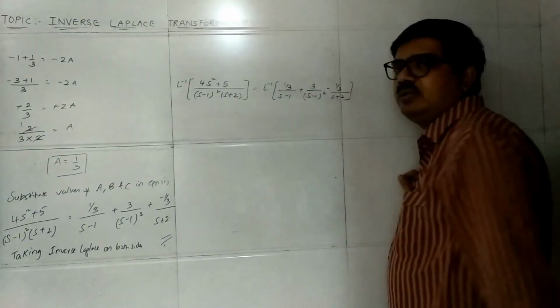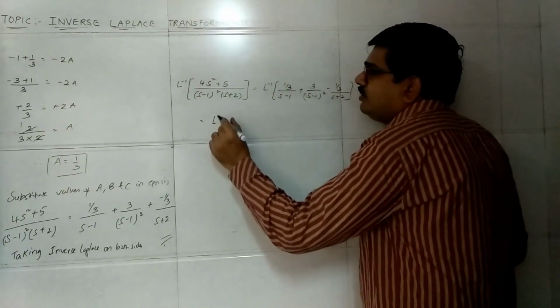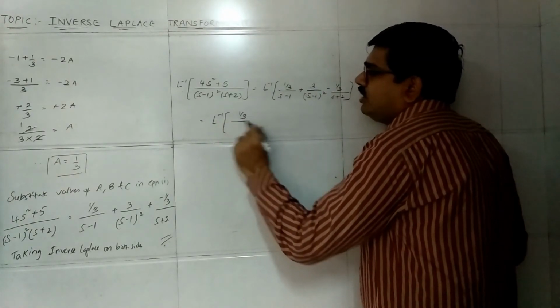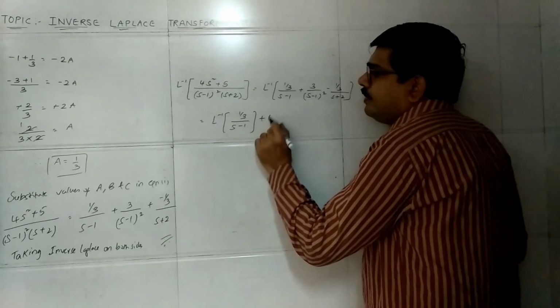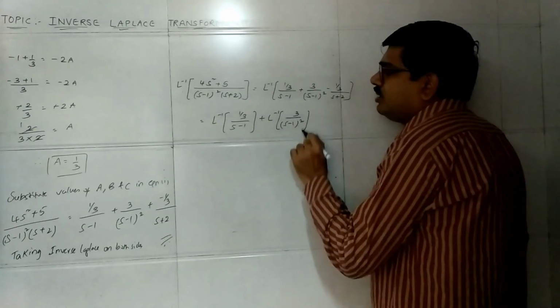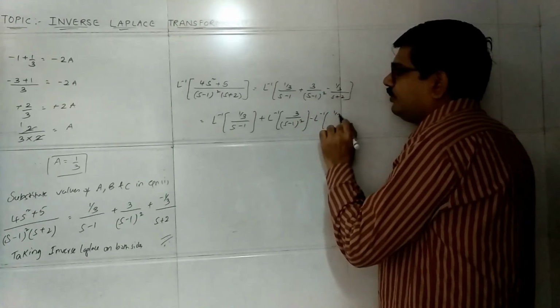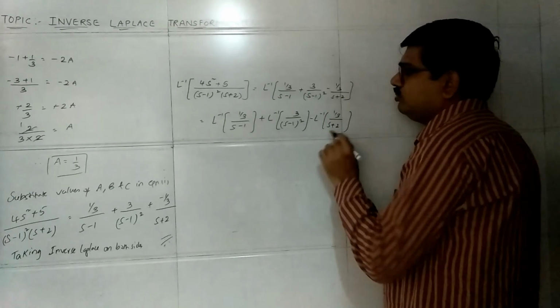Now take Laplace inverse of individual terms. So that is equal to Laplace inverse of 1 by 3 upon s minus 1 plus Laplace inverse of 3 upon s minus 1 whole square minus Laplace inverse of 1 by 3 upon s plus 2.